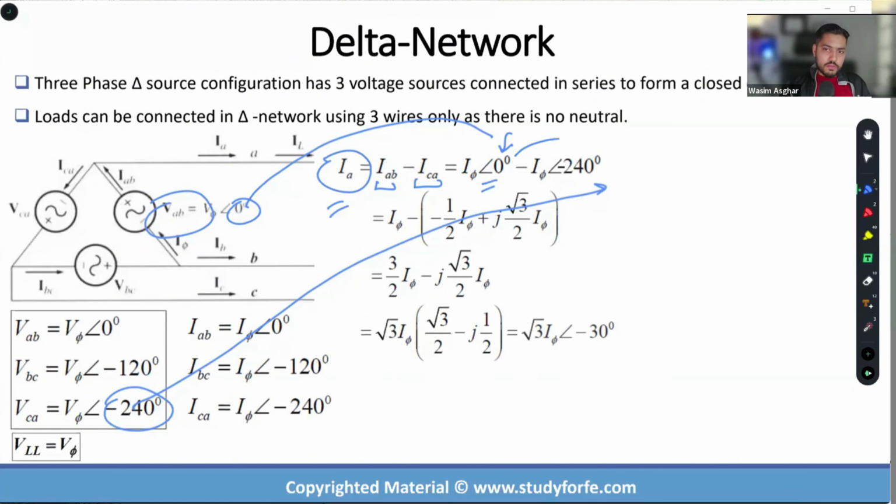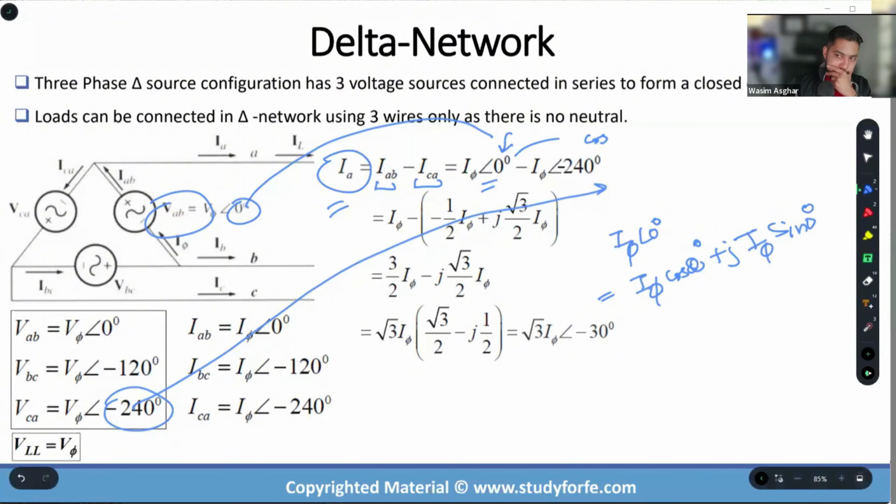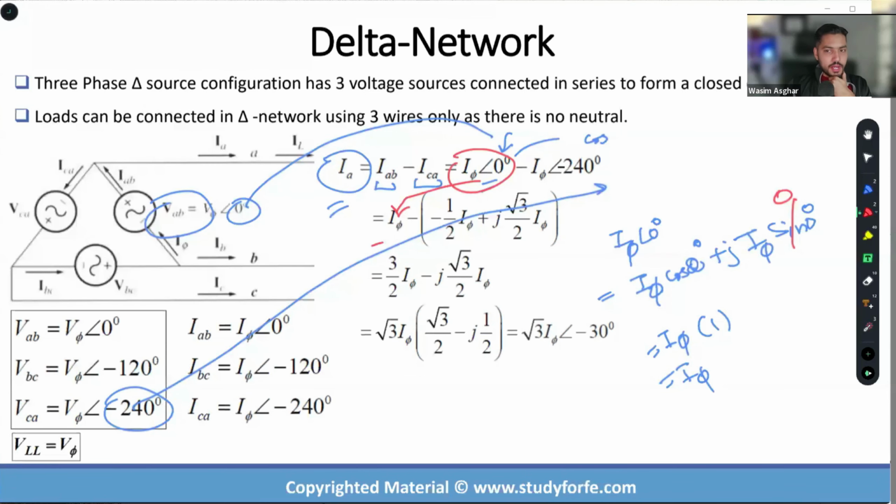Let's do cosine of 0 degrees, because I phase at 0 degrees is equal to I phase cosine of 0 degrees plus j I phase sine of 0 degrees, correct? So sine of 0 degrees is 0. This is going to just leave me with I phase times 1, which simply is I phase. So this is how I'm able to reduce this into simple I phase.